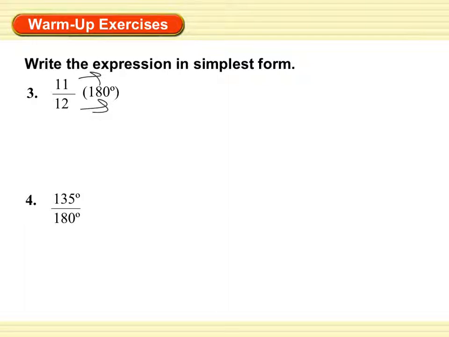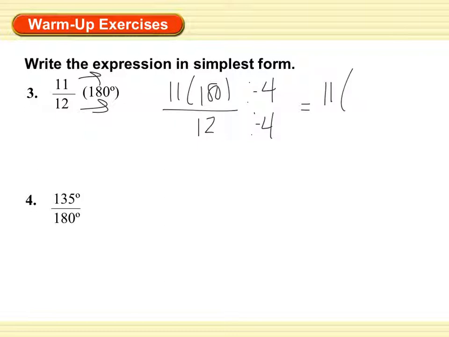Multiply across the top and the bottom. I have 11 times 180 degrees over 12. I can't do anything with the 11 and the 12, but let's see if I can divide 180 by 4. I can. So let's divide the top and the bottom by 4. So I have 180 divided by 4 is 45.